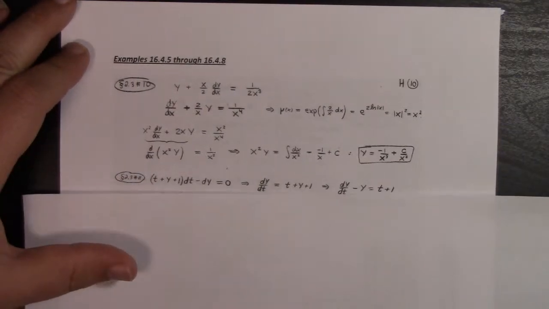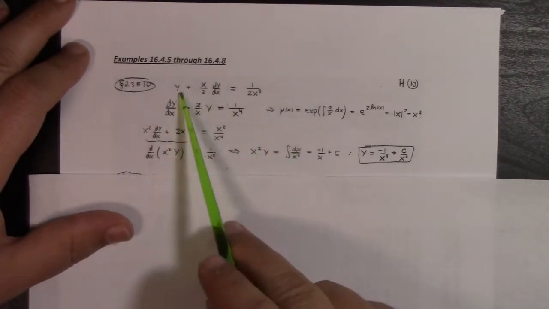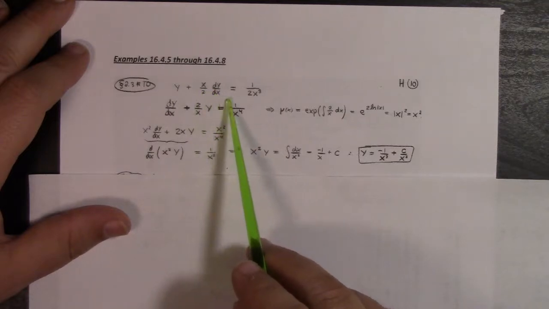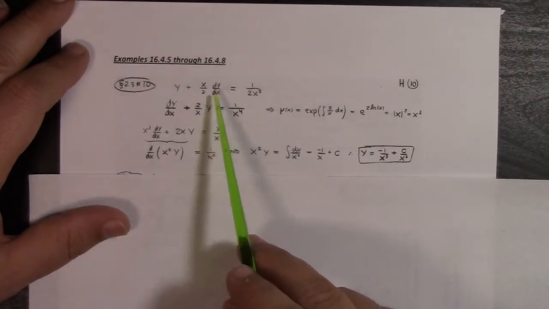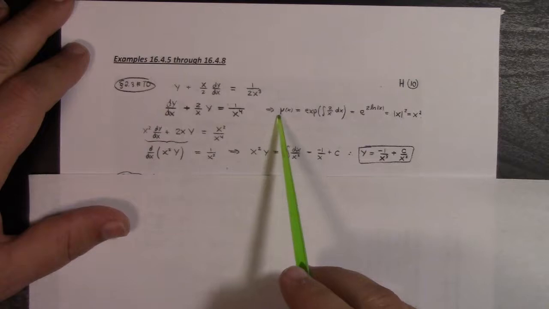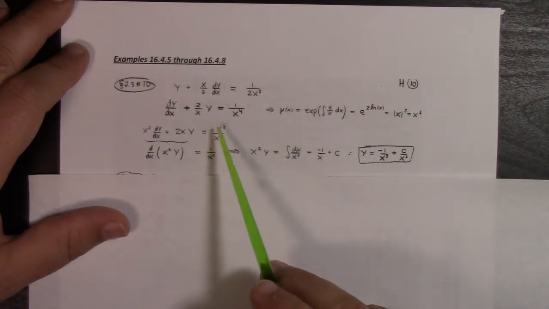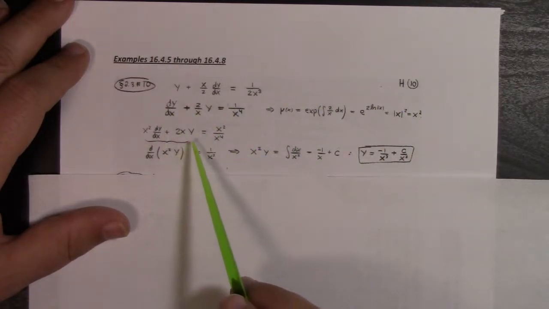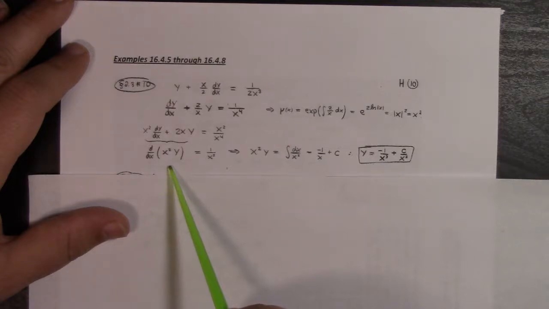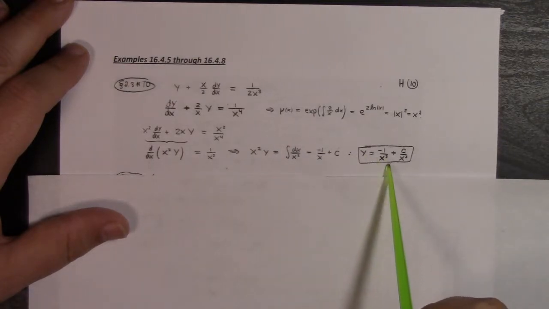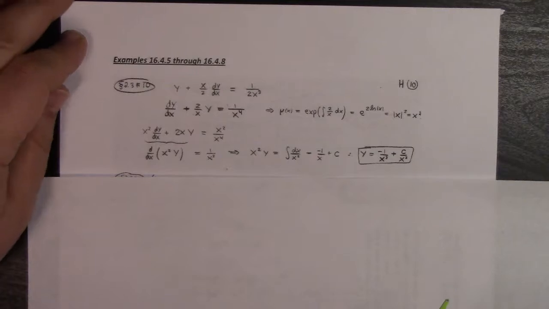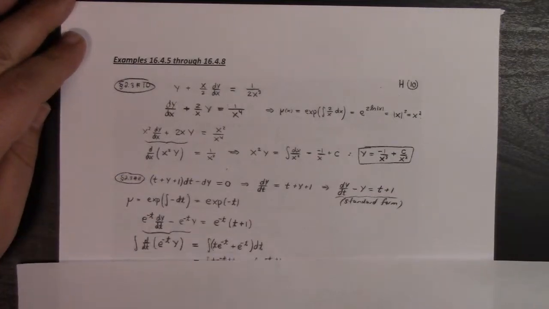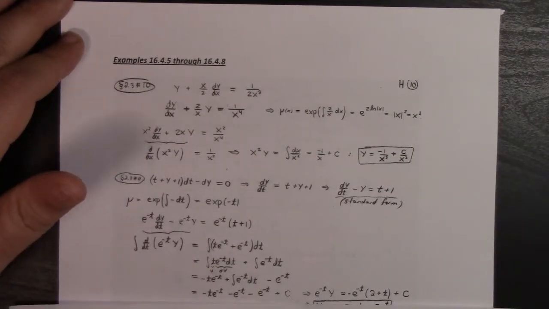Here's another one. y plus x over 2 dy/dx. So first of all, I put it in standard form. I calculate the integrating factor as x squared, multiply by the integrating factor, reverse product rule, integrate both sides, answer. It's the same set of steps in every one of these problems, right?